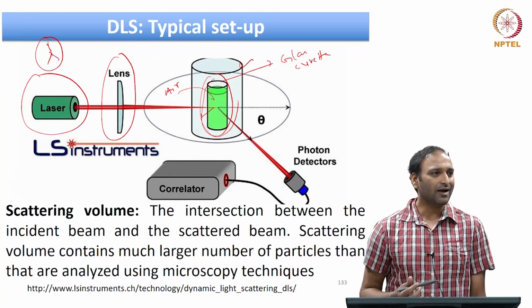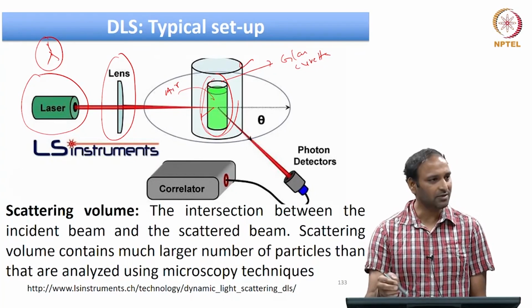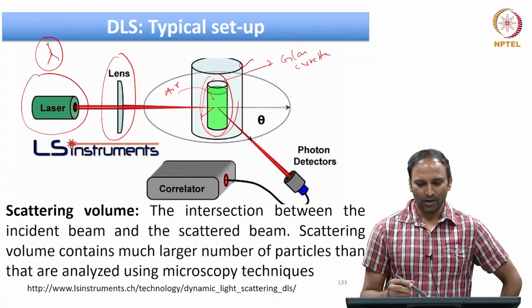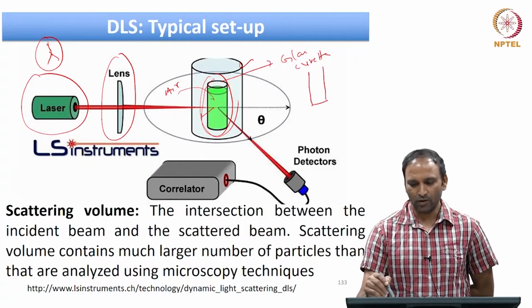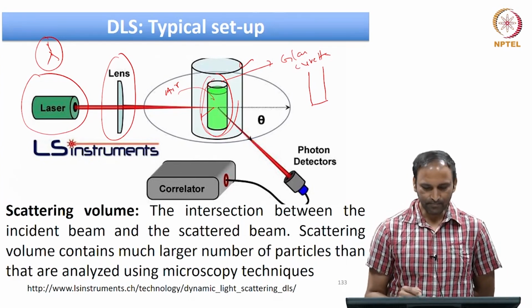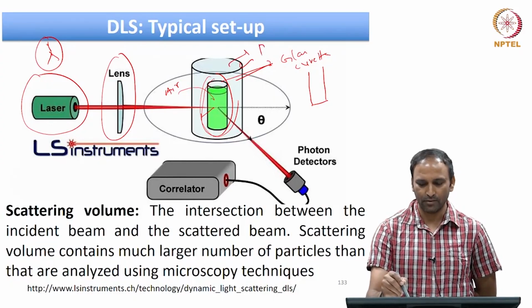Therefore, it will essentially avoid some scattering effect that may come from the cuvette itself, from the change in refractive index. But these days you have plastic cuvettes which can be used without this bath of fluid.